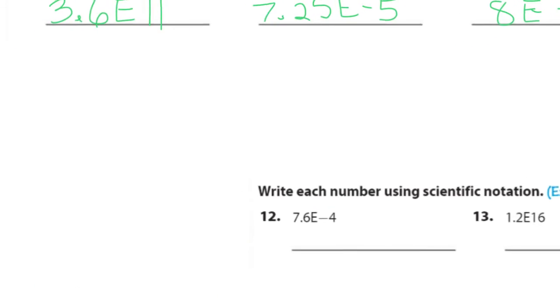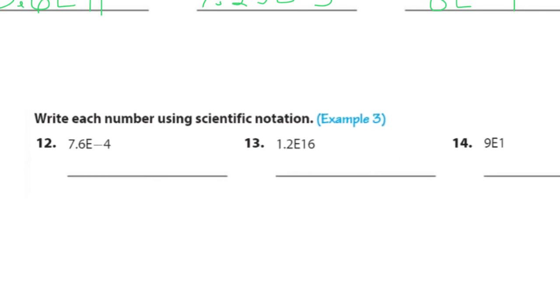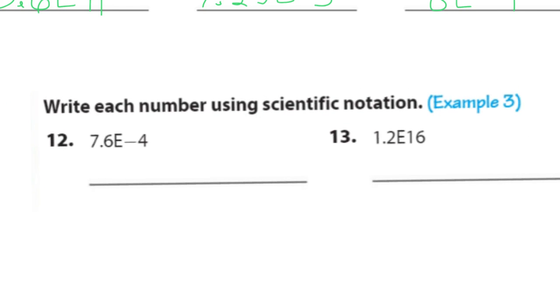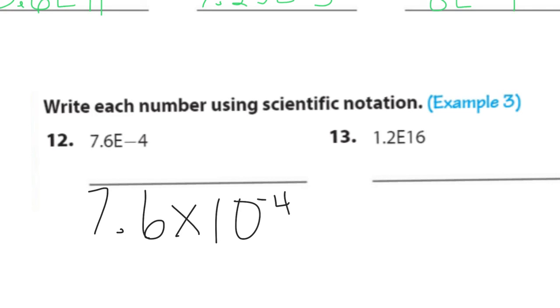Okay, next set, write each number using scientific notation. So this time you remove the E, replace it with times 10, and then use the last number as the exponent. So we'll have 7 and 6/10 times 10 to the negative 4th, 1 and 2/10 times 10 to the 6th.